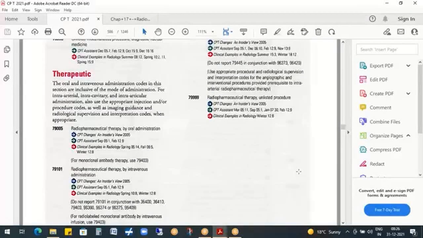Page number 560. Can you read that paragraph under therapeutic? That is the only rule in nuclear medicine.